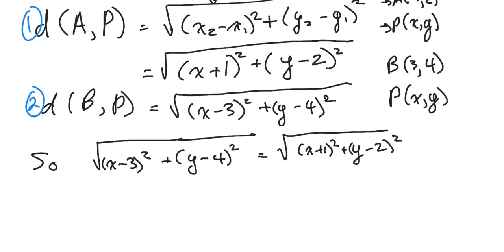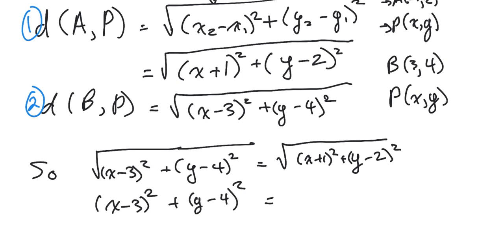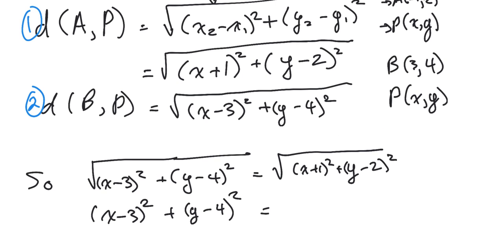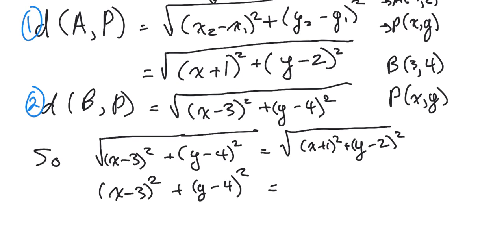Now that I have that, if we square both sides, all we end up with is x minus 3 squared plus y minus 4 all squared is equal to x plus 1 squared plus y minus 2 all squared.